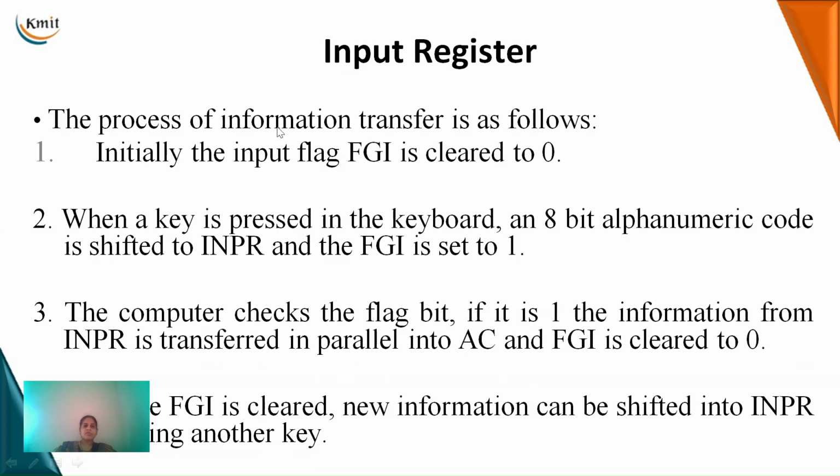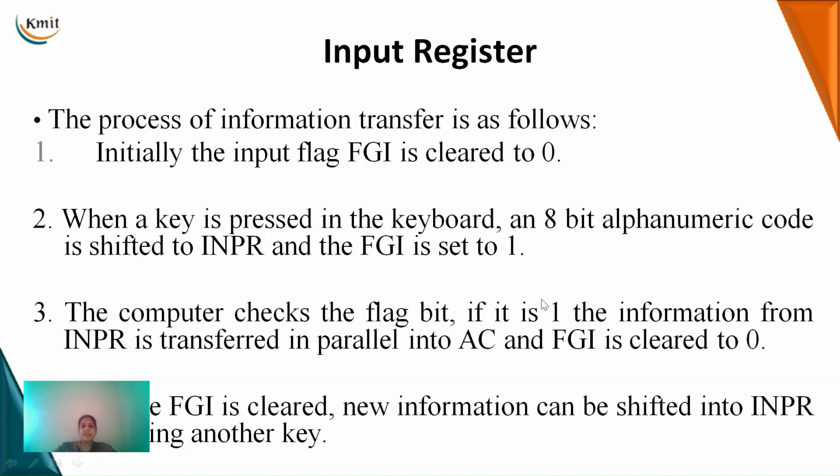So if you see the process of information transfer, initially the input flag will be 0 when there is no information available in the input register. Whenever a key is pressed on the keyboard, the 8-bit alphanumeric code will be shifted into the input register and the FGI bit will be set to 1. So the computer will keep on checking the flag bit.